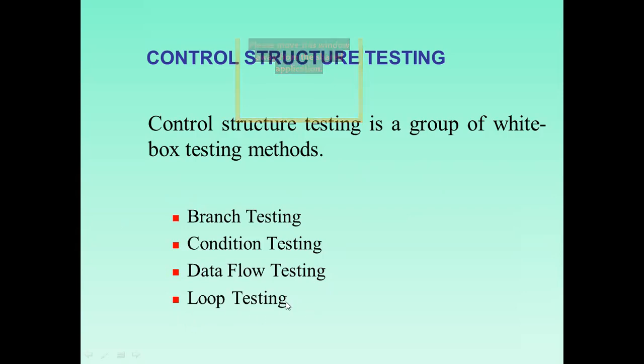Okay, so far you have already seen loop testing, data flow testing, condition testing, branch testing. So this comes under the control structure testing. So control structure testing is divided into four testing methods: branch, condition, data flow, loop.